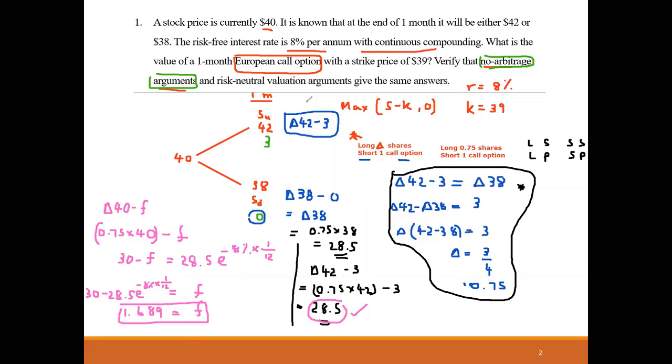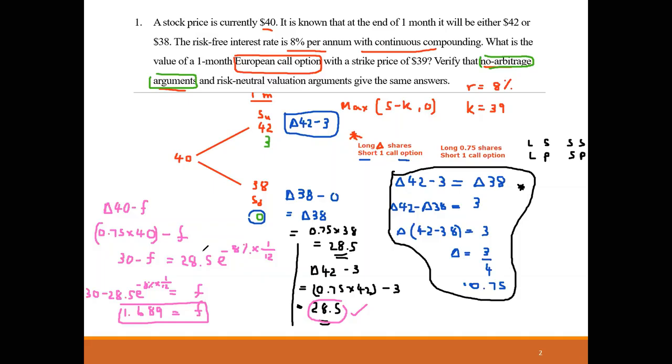Because on any security in a risk neutral world, the return will be the risk-free rate of return. So when you are calculating the present value, use the risk-free rate of interest. And to get the expected payoff, you need to find out the probability of a price increase and the probability of a price decrease.